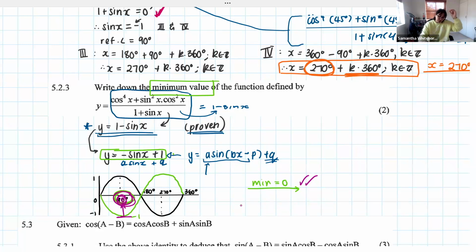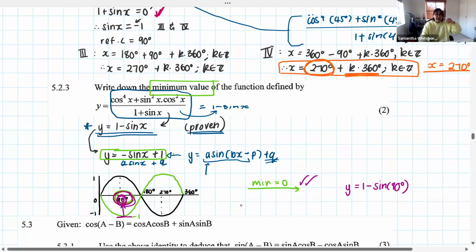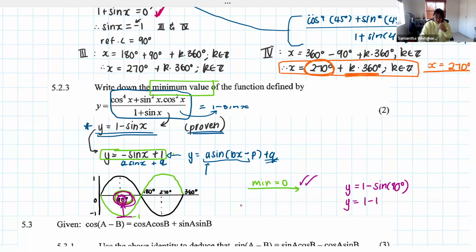So you could say y is equal to 1 minus sine of 90 degrees, substituting in the x value where you know the minimum will occur, and that gives you 0 because sine of 90 is 1. So you would have 1 minus 1, which equals a minimum of 0. So you could use substitution, but again, it still relies on you understanding the basics of your parent sine function. But you could do that, yeah.